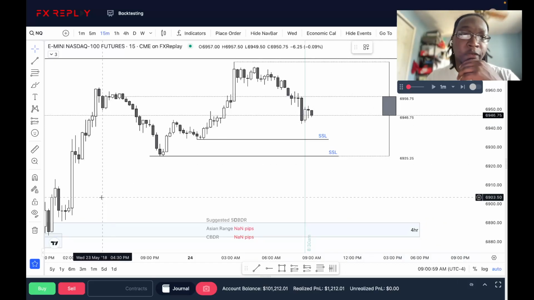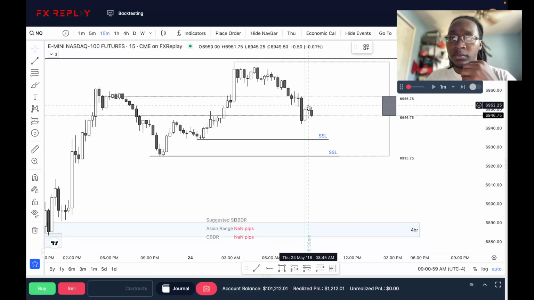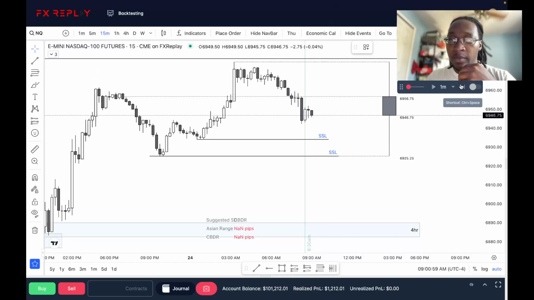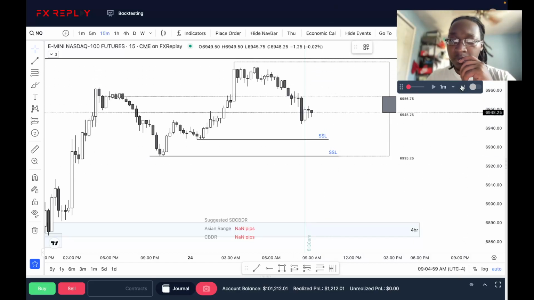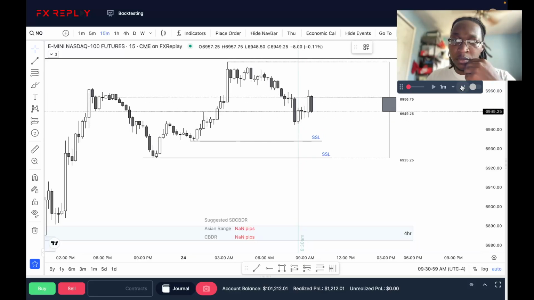So for this example here on the 15 minute, what I may look to do is see price come down to these lows, see if we get some clean rejections, and then aim for buy side. So this is 9 a.m. This is 9:15. This is 9:30.